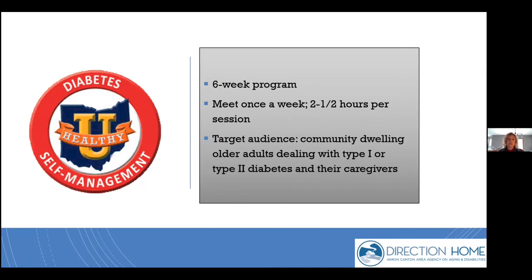It again is a 6-week program, meet once a week for 2.5 hours a session. And here again, the target audience is community dwelling older adults that have either type 1 or type 2 diabetes, and again, their caregivers. Again, even though we do talk about type 2, more of the focus is towards type 1 because that is more the chronic disease type diabetes.